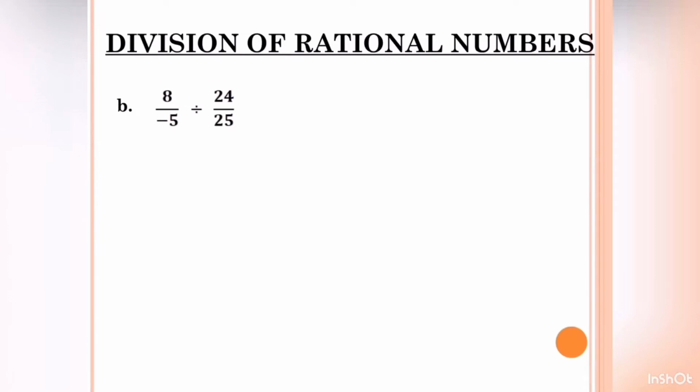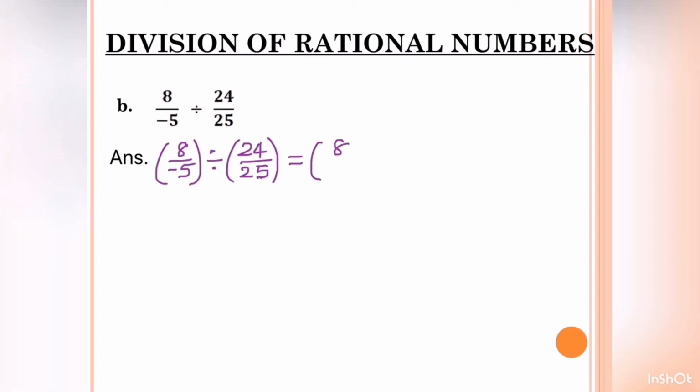Next question. 8 by minus 5 divided by 24 by 25. Answer: 8 by minus 5 divided by 24 by 25 is equal to 8 by minus 5 multiplied by, we take the reciprocal of 24 by 25, that is 25 by 24.